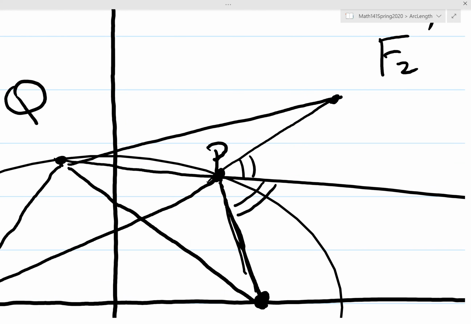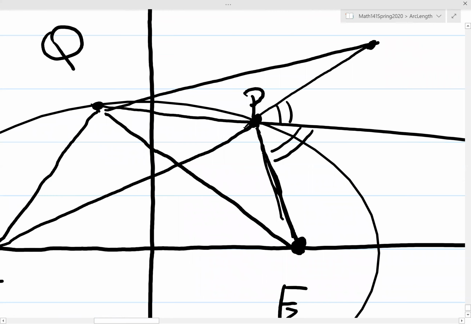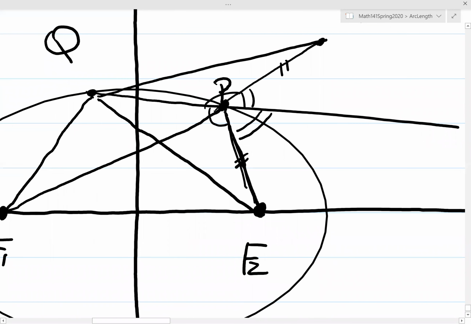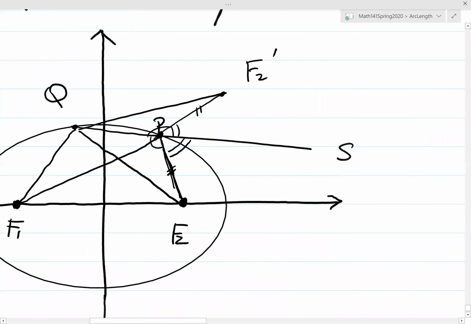So we have this side equals this side, an angle equal to this angle, and they share a common side. So by SAS, the two triangles are congruent.